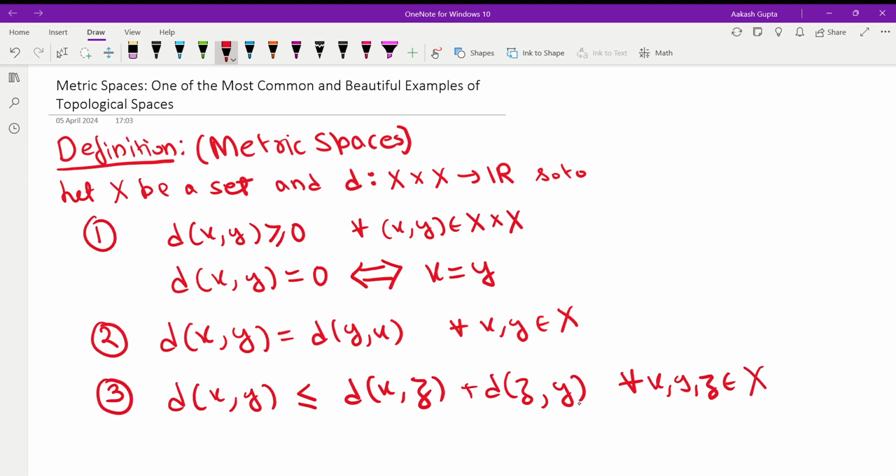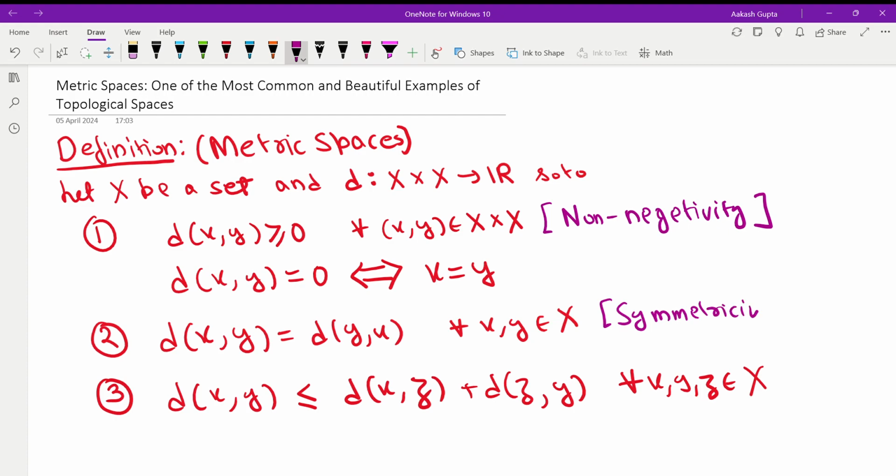So what do you call these things? We can formally say: this is non-negativity, this is symmetricity, and this is the famous triangular inequality.